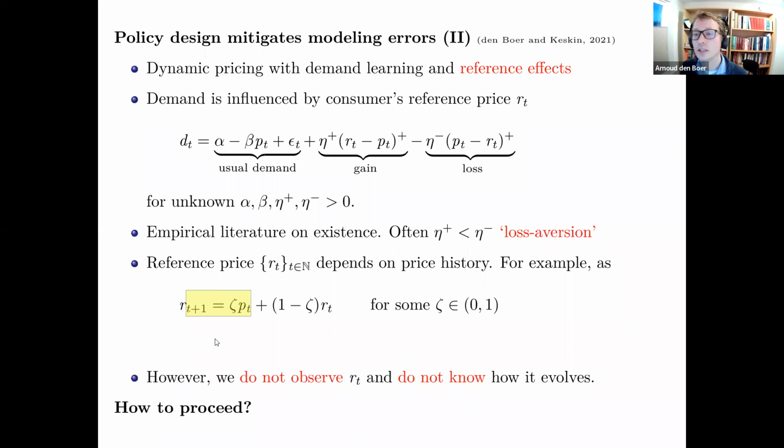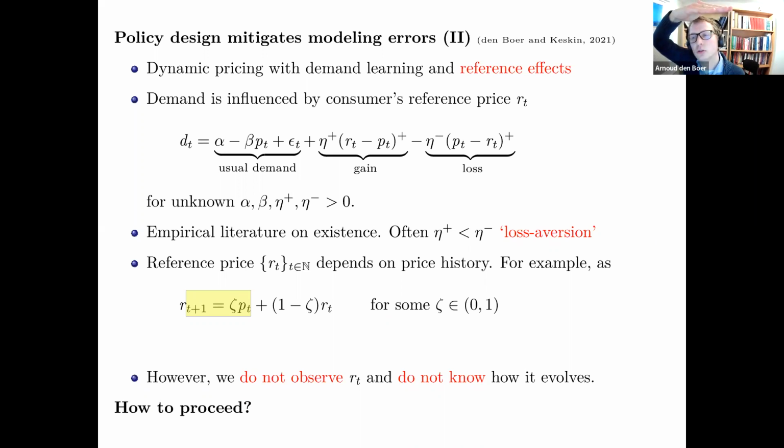But if you do not converge, then it's different. If the reference price converges sufficiently fast to your price, then you diminish the reference effect, and you're okay. The other extreme is that the reference price is just constant.